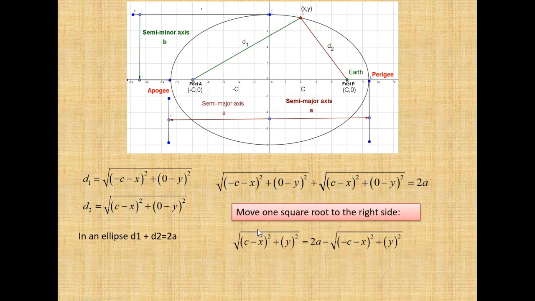Now we move one square root to the right side. Pick which one you want to move. I picked the one with the minus c in it, and I moved that to the right side. So that leaves one square root on one side, and on the other side, it leaves 2a minus the square root of that quantity.